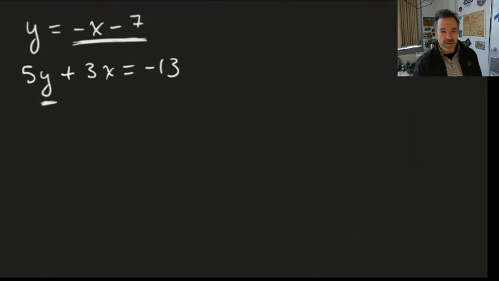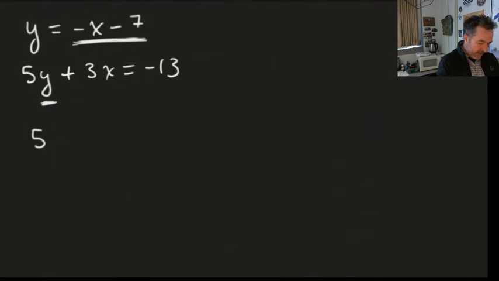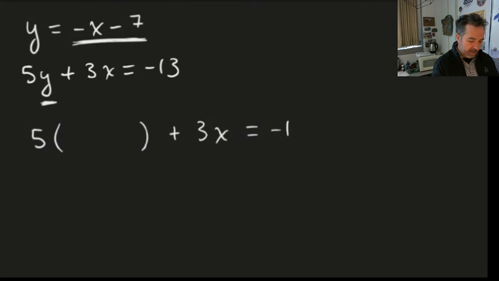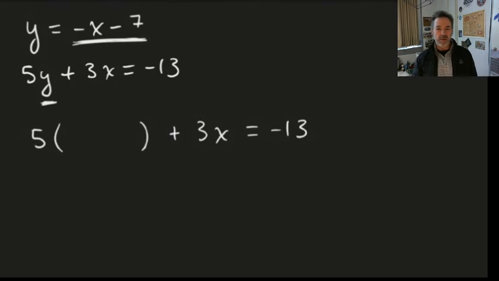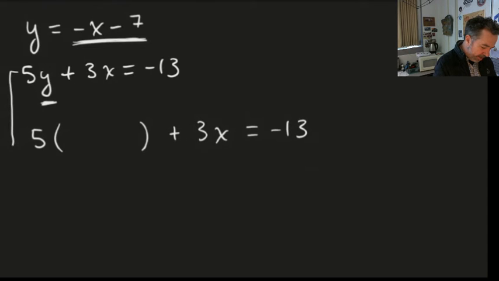Now, this is what it looks like when I write it down. This second equation is 5 times y, and I've just put a nice spot to write y. 5 times y plus 3x equals negative 13. What's happened here is I just rewrote the second equation. Literally, this is a copy of that second equation.